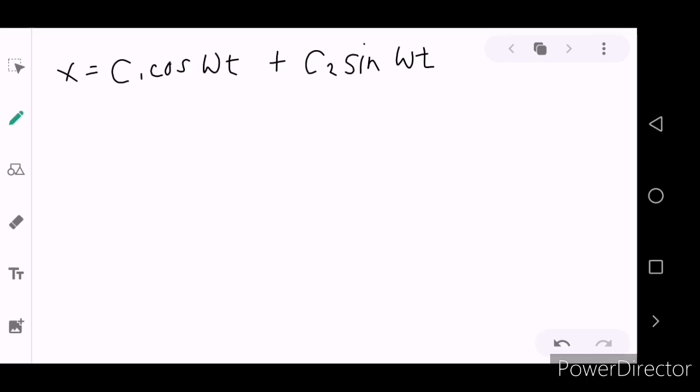Velocity would be the first derivative of x, x prime, or velocity.